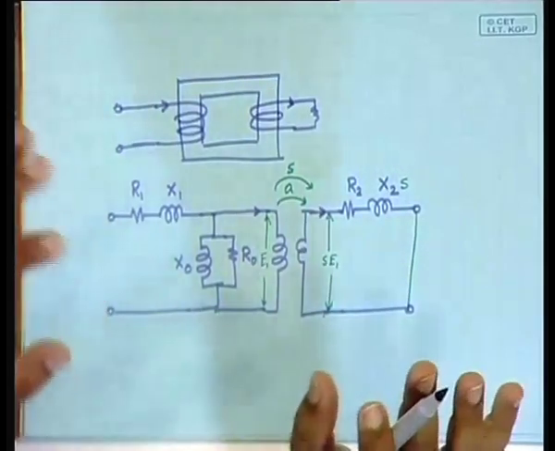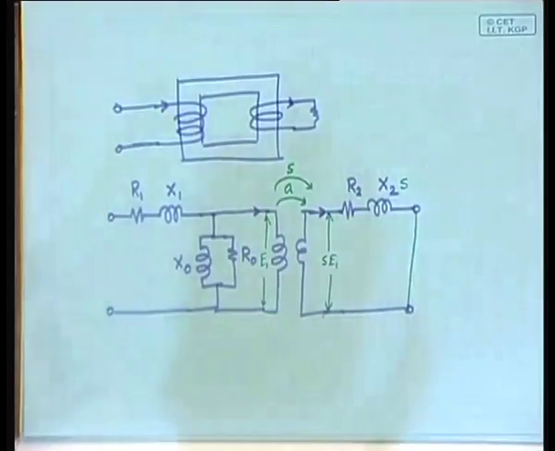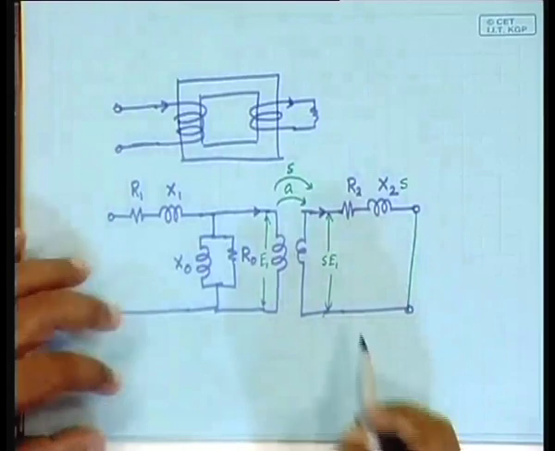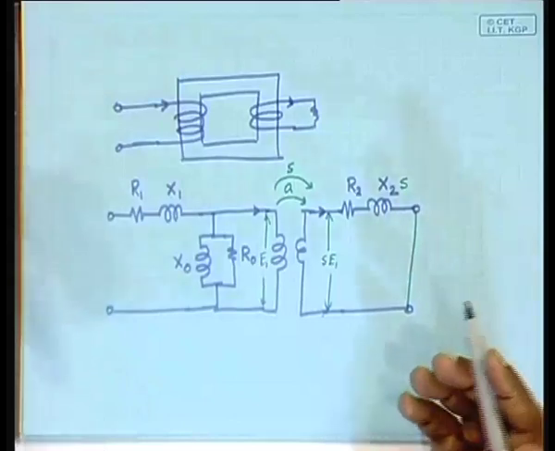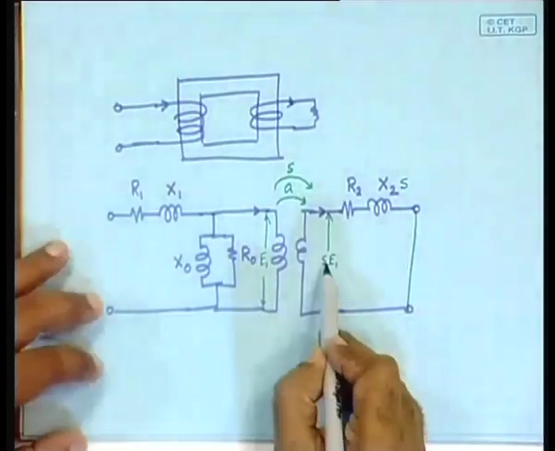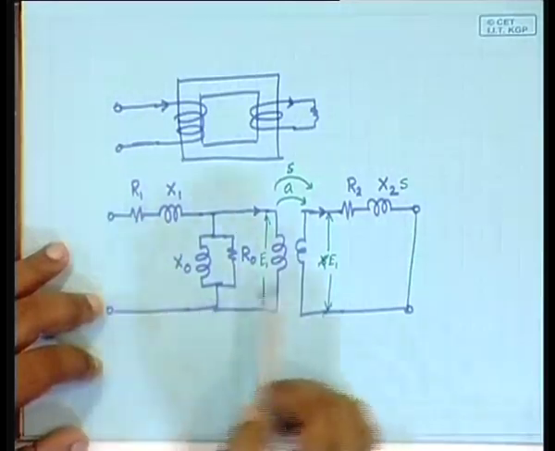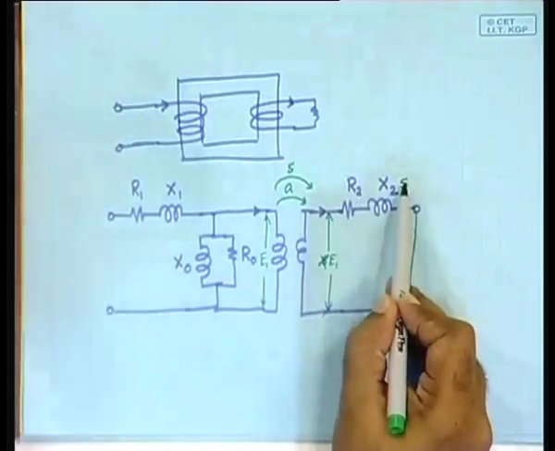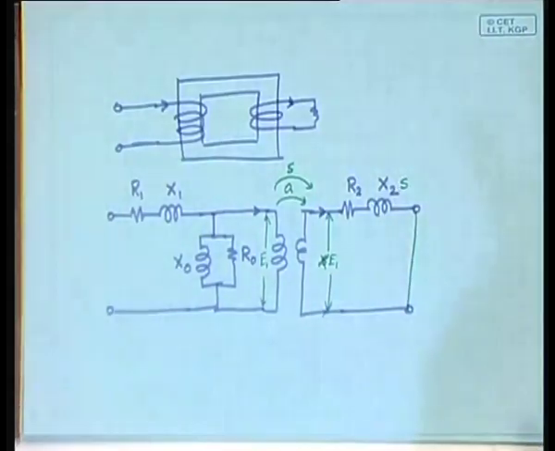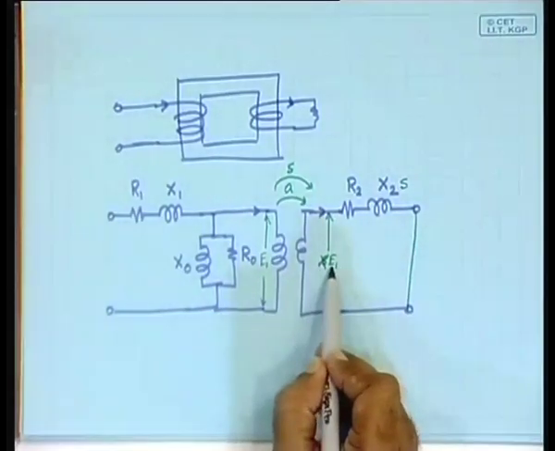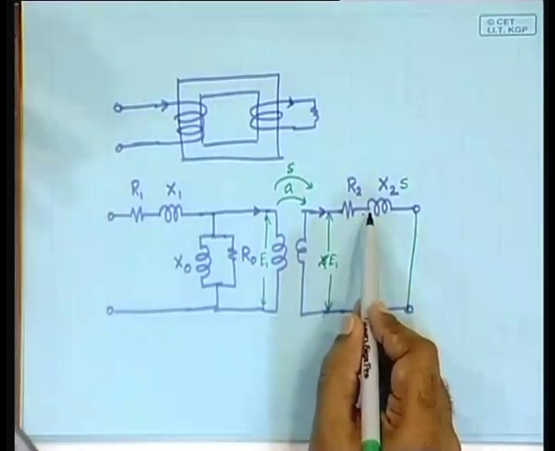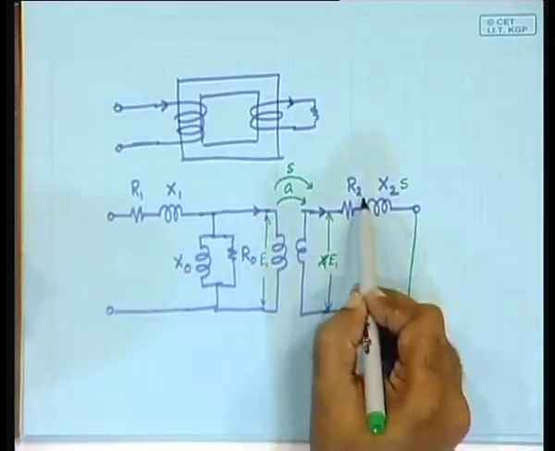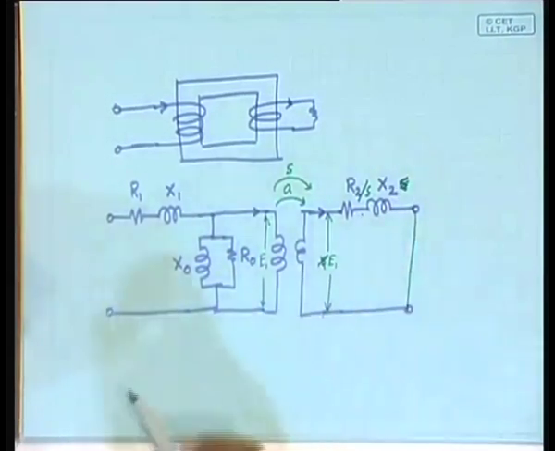Now, in order to keep the power dissipation seen by this one constant, what we can do is we can say SE1 by this, or we can say that no, it will be the same if you drop the S, but in that case we will divide these by S. Same thing, the current with SE1 as the voltage and this as the impedance is the same as E1 as the voltage and this as the impedance.